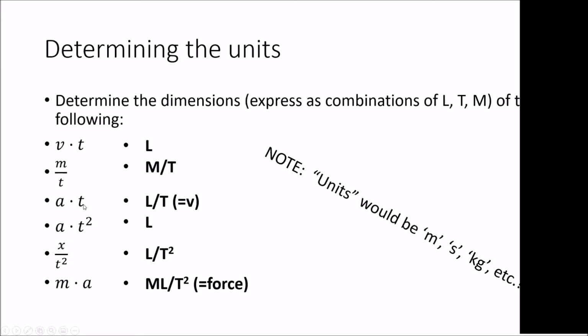So multiply that by a time and you get rid of one of the over times and you get one length over one time, which is also equal to a velocity. Acceleration, length over time squared, times time squared, that just leaves you with a length. X over t squared, that's a length over time squared, same thing. Mass times acceleration, well, you still just got the mass, times the length over time squared, and many of you already know that's going to equal a force.